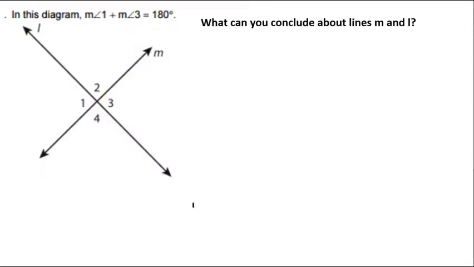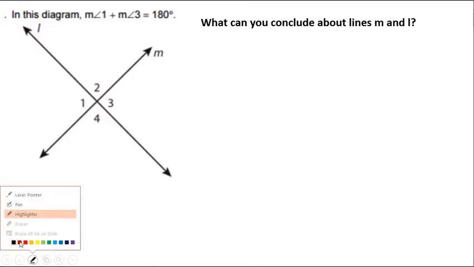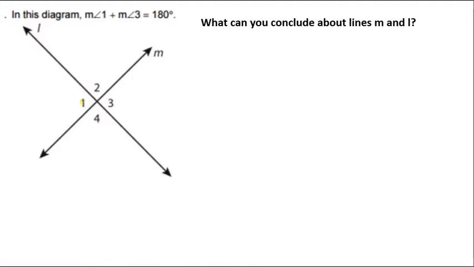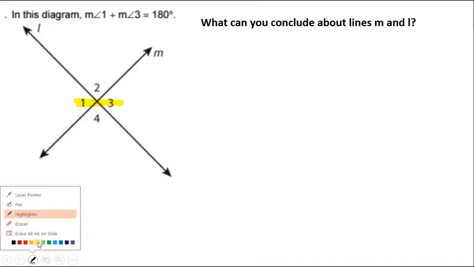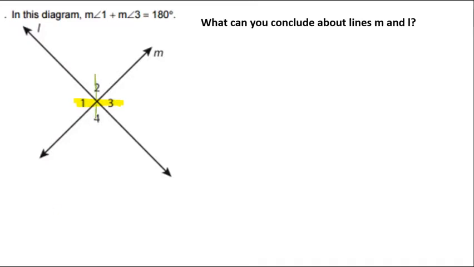Okay, now in this next example, we have two intersecting lines. So remember that these are congruent because they're vertical angles. So 1 and 3 are vertical angles. Same thing with 2 and 4. These two are congruent to each other.